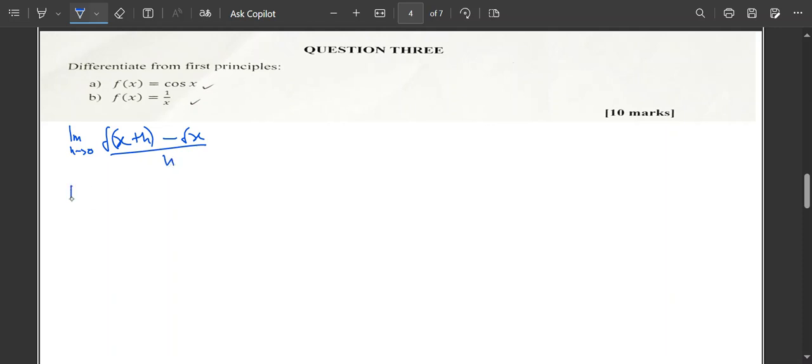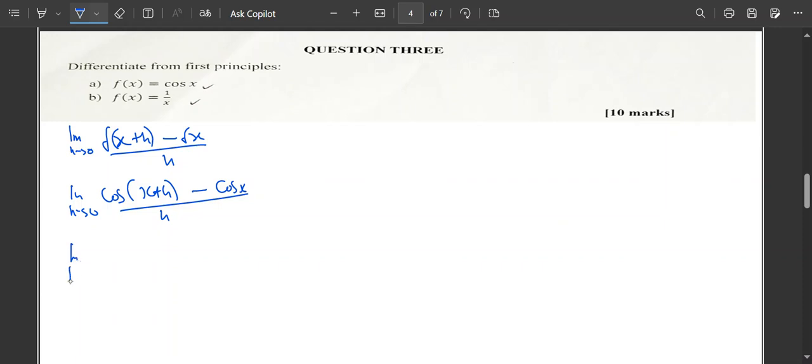So that's what we'll be doing. So lim as h approaches 0, then the function is what? Cos x. So we'll say cos, open bracket, x plus h, then minus the same cos x, over h, like that.